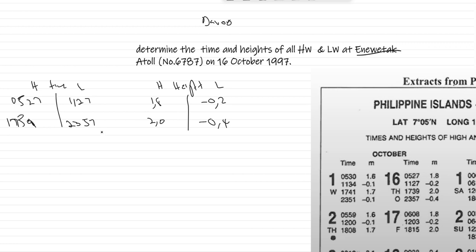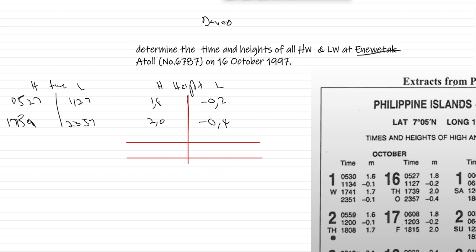So first, before we continue with our calculations, we're just going to apply the seasonal change. If you apply seasonal change the first time, you need to apply the inverse of it.